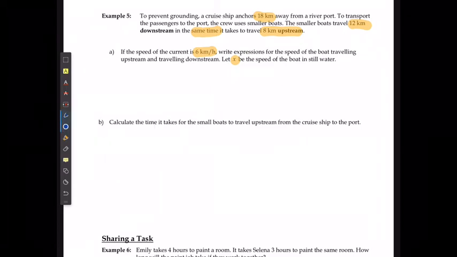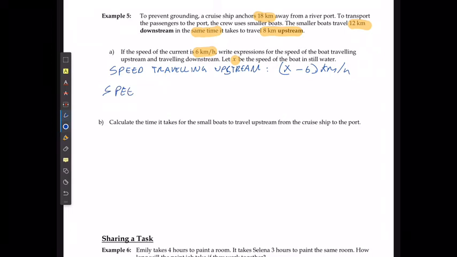Well, I can say that the speed traveling upstream means that I'm going against the stream. That's going to be x minus 6 kilometers per hour.